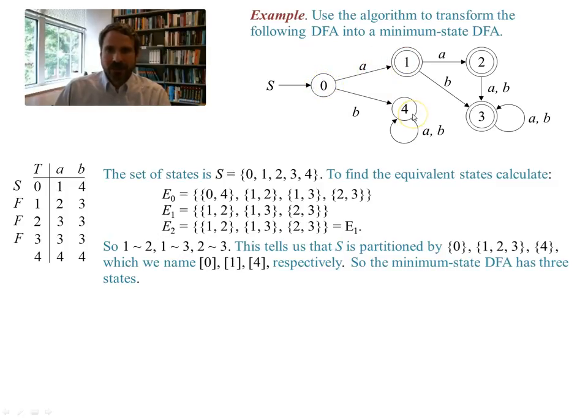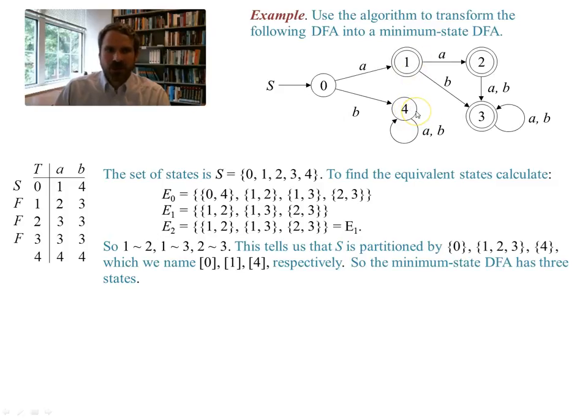When I get an A in state 4, I go to 4. So this means that when I'm in the partition 0, 4, and my input is an A, I go to the set 1, 4. But 1, 4 is not one of my potential states here. 1 and 4 cannot possibly be equivalent, because 1 is a final state and 4 is a non-final state. They have different outputs.